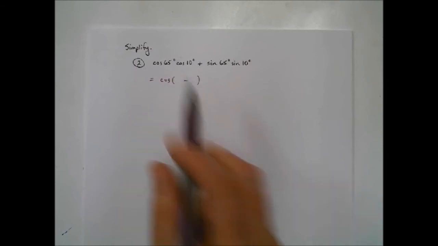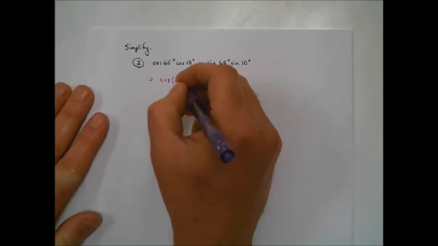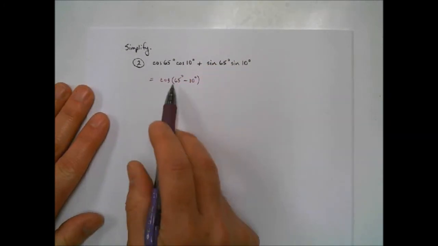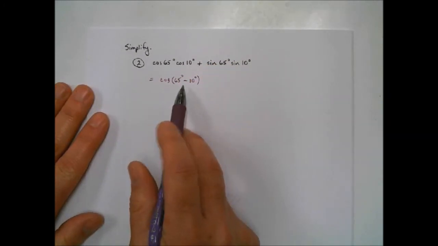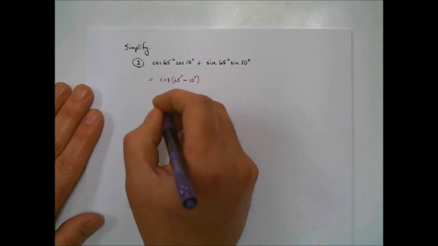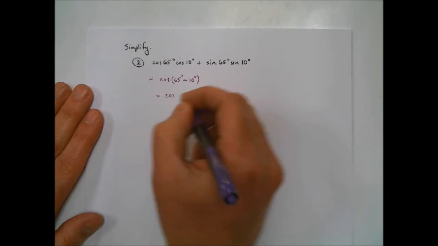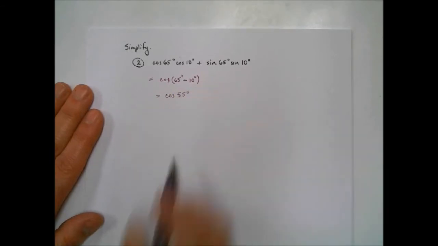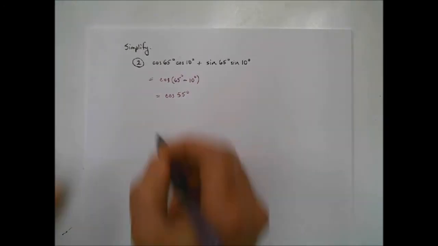So 65 degrees minus 10 degrees. Now that we have those two angles inside the parentheses, I can do the operation, and I've got cosine of 55 degrees. Really, that's all we can do with this one.